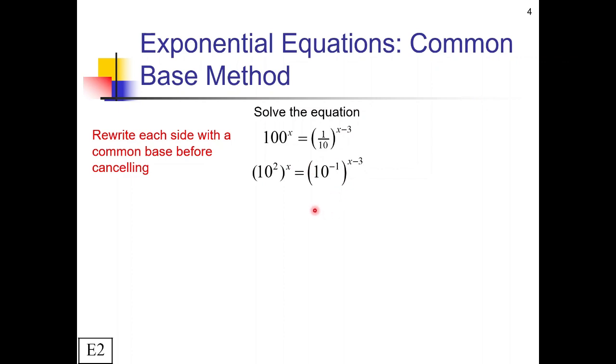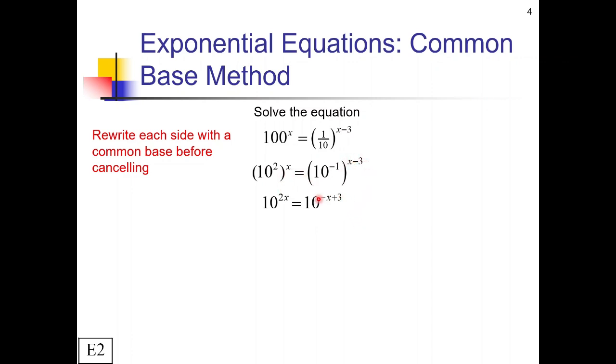So I'm going to use my exponent rules to simplify this a little bit further. 10 to the 2 to the x, if you multiply these exponents, we have 10 to the 2x. And over here I can multiply these exponents as well. So that would give me 10 to the negative x plus 3. I have to distribute that negative 1 to both of those.